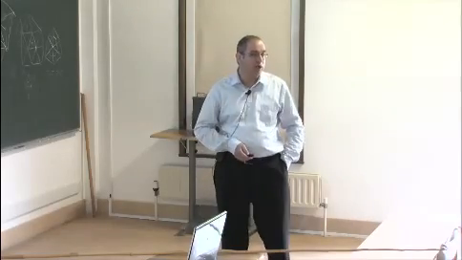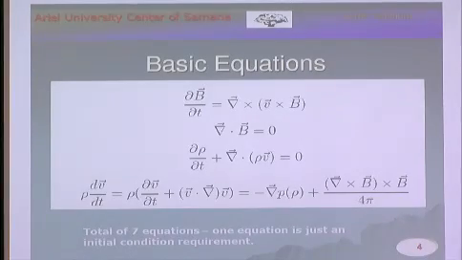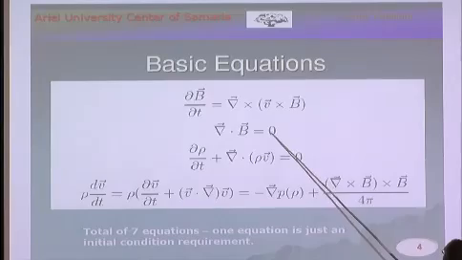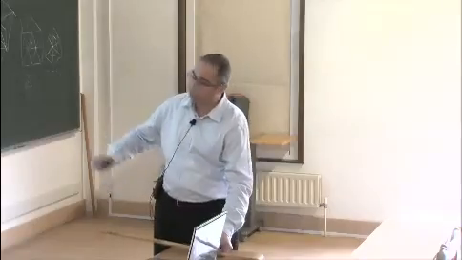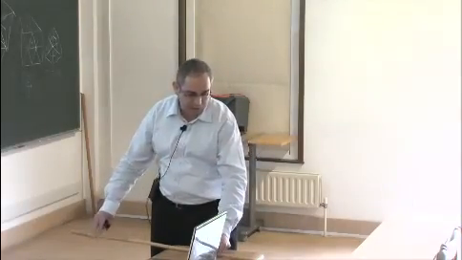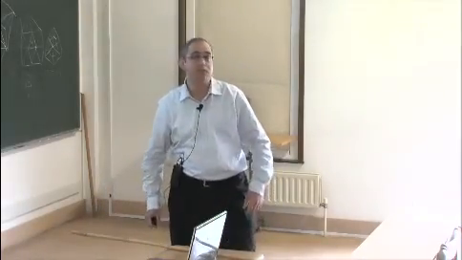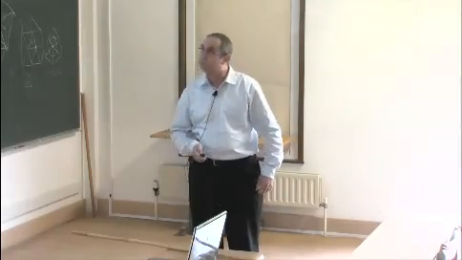Now, here are the equations. Those are really 7 equations, although if you count, 8. But the div B equation is just really a kind of initial condition. Once this is satisfied at time t equals naught, then the equation above it takes care of its satisfaction at all times.